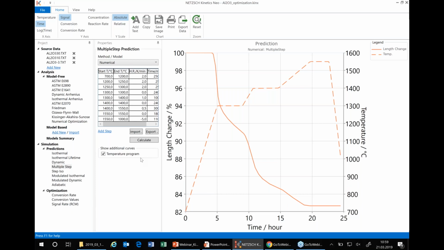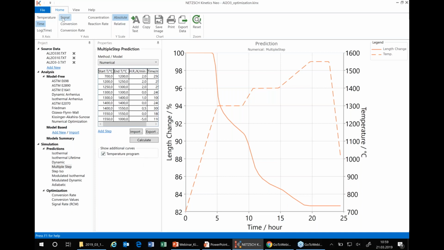So if it is too fast, then we lose quality. If it is somewhere too slow, then we lose time. And now we must optimize this temperature profile to reduce the intensity of the shrinkage at the points where it is too fast, and to make the time shorter at the points where we lose time.